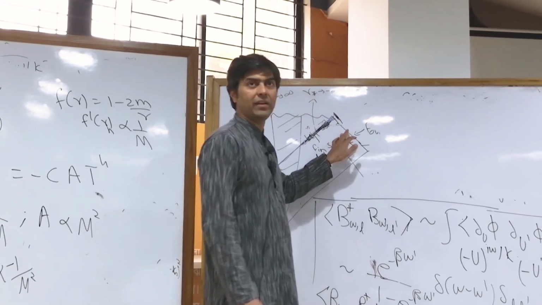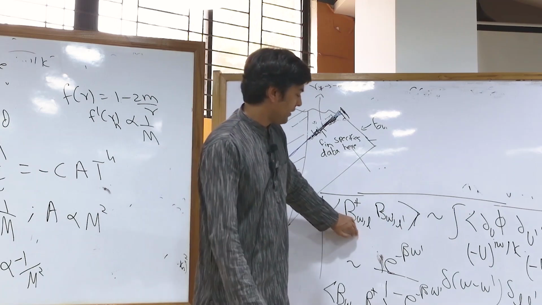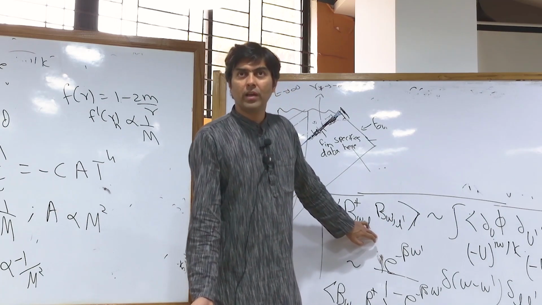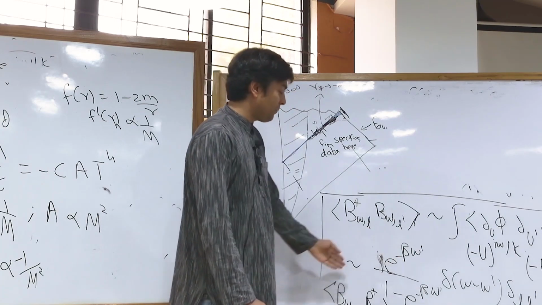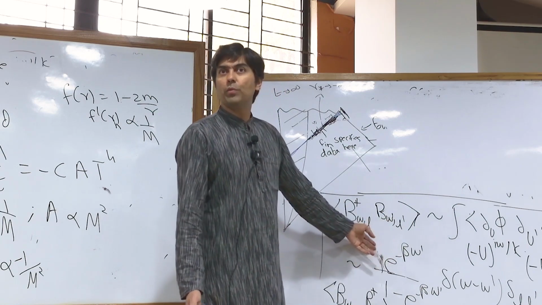What is left is the radiation that it emitted. The radiation that was emitted is still up on the board. It is these B modes. But it looks like these B modes are in a thermal spectrum. We know the 2-point function of the B modes.